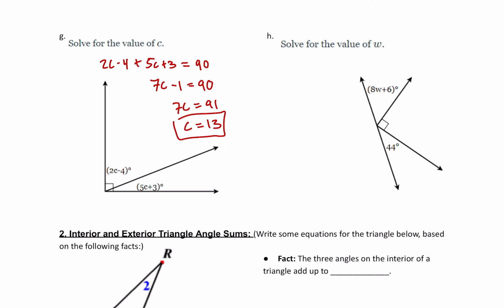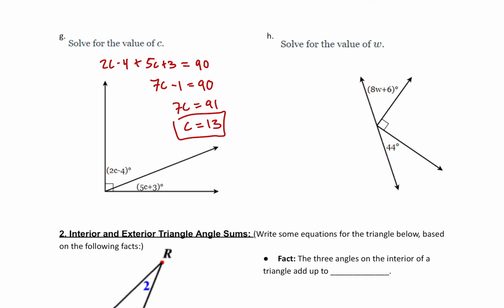Now on W, I notice that I've got a straight line right here, which makes me think of supplementary. Supplementary angles add up to 180 degrees.